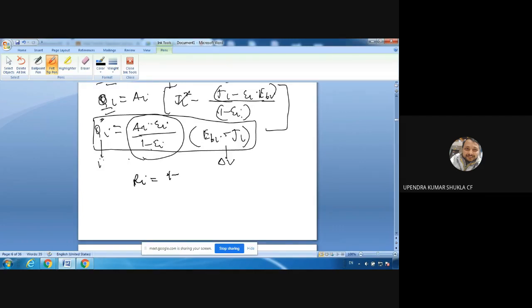Ri is equal to the inverse of this: 1 minus epsilon I over Ai epsilon I. So this is the surface resistance. But understand that here the voltage difference delta V is not a temperature difference, but the black body emissive power minus Ji, the radiosity.